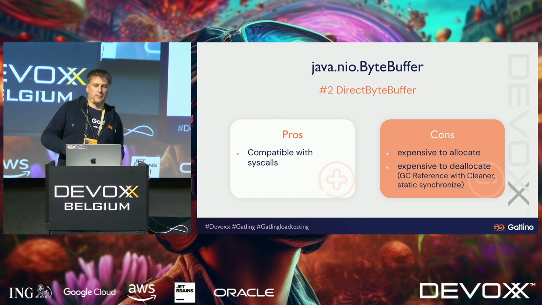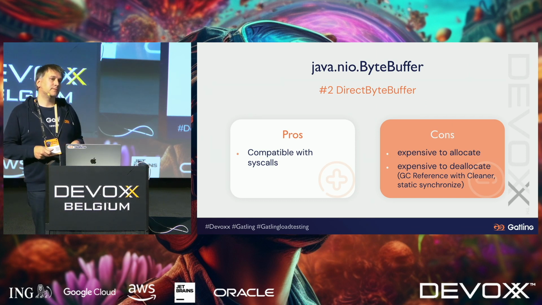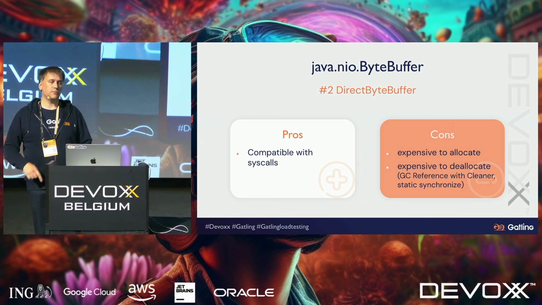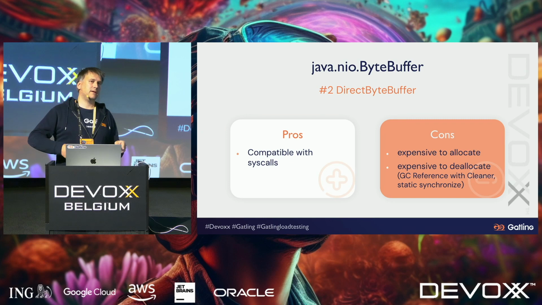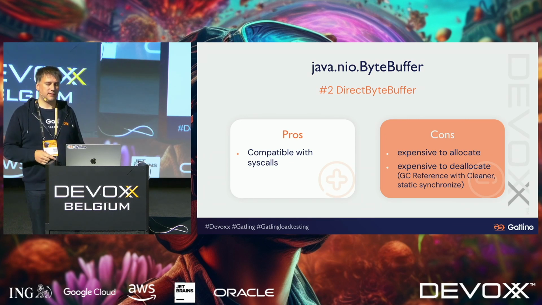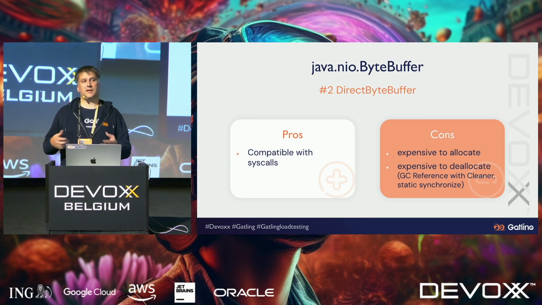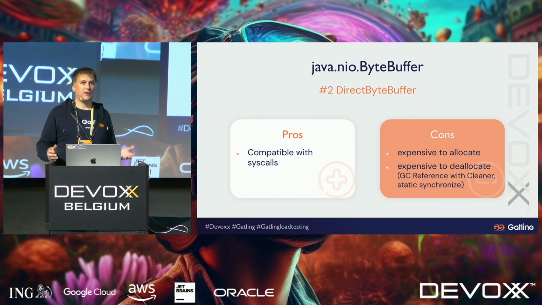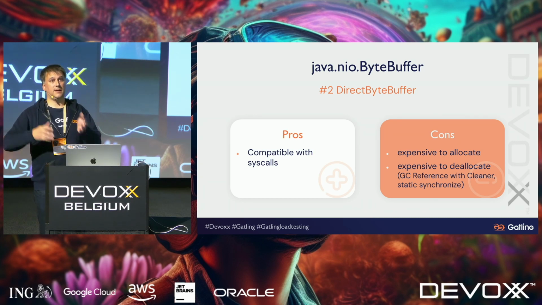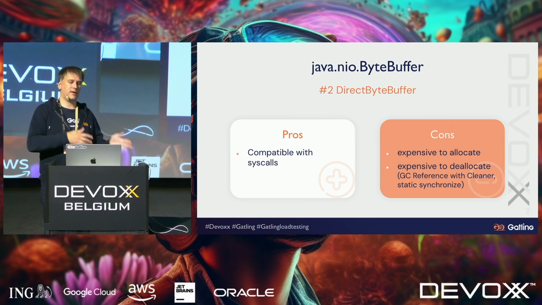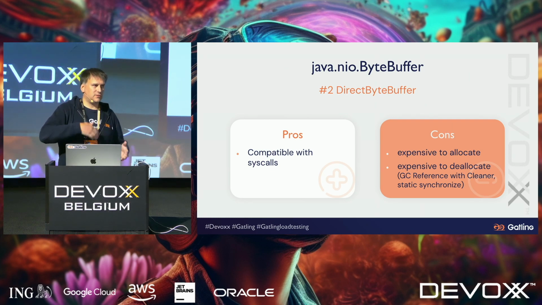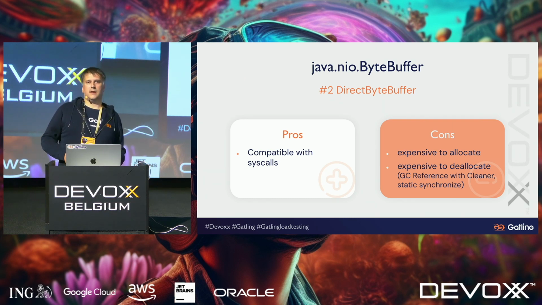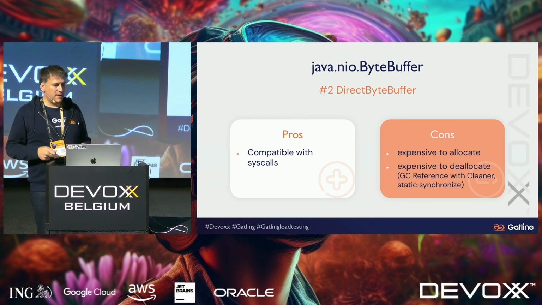On the contrary, the direct byte buffer is compatible with system calls, no extra copy. But the thing here is that it's off-heap allocation, so it's more expensive to allocate. And then it's way more expensive to deallocate. Why is that so? Well, because in Java, the standard mechanism for freeing memory is the garbage collector, which was originally intended for handling heap memory, not off-heap memory. So it has to go with some tricks, using references and using cleaners to free the byte buffers.